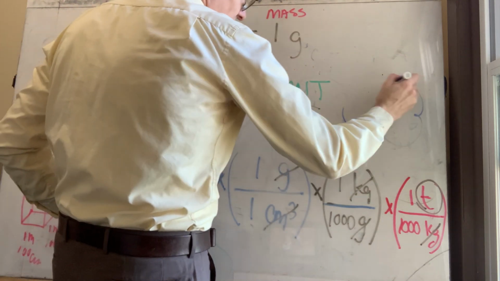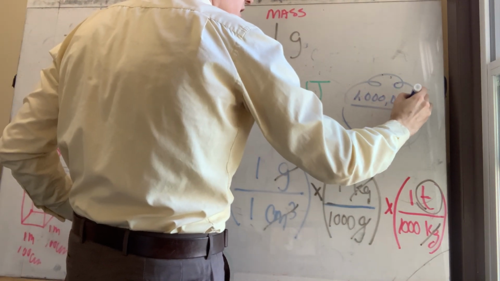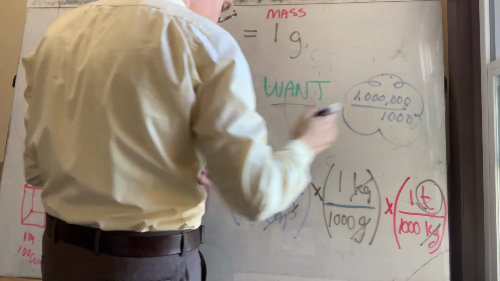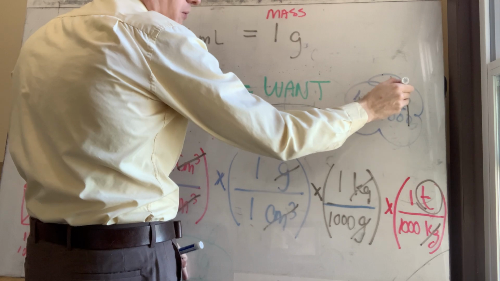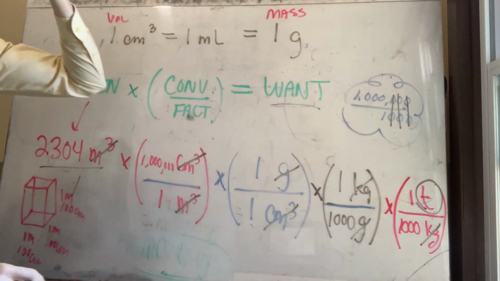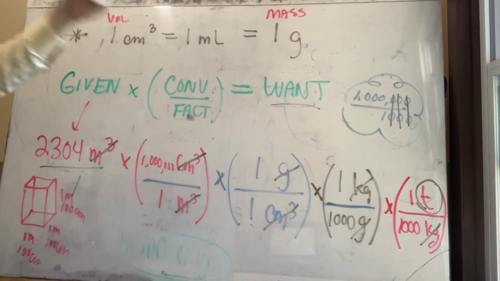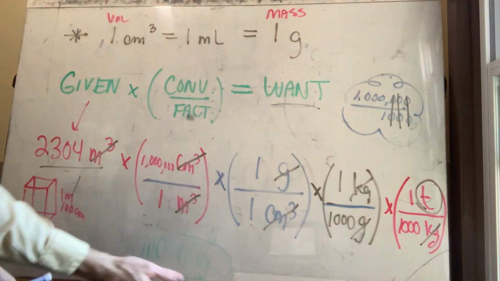It's more or less like this. If you had 1 million sitting above 1,000, it has the identical relationship to 1,000 to 1. So if you cross out pairs of zeros above and below, you can simplify the calculation without even a calculator.